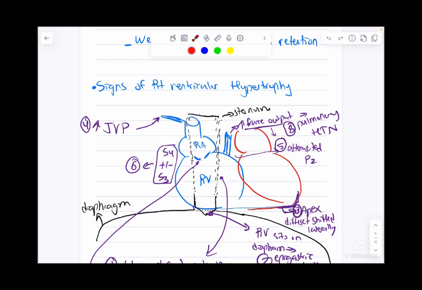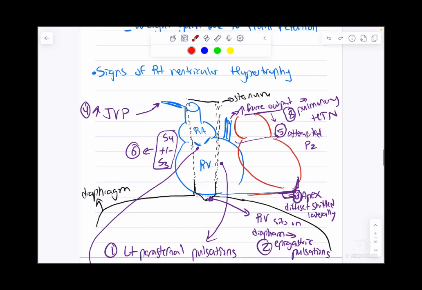You'll see the pulsations usually. Five, accentuated P2. P2 is the pulmonary area, right here over the pulmonary valve. When you auscultate it, it's going to be strong and powerful. You're going to hear it louder than in other areas.